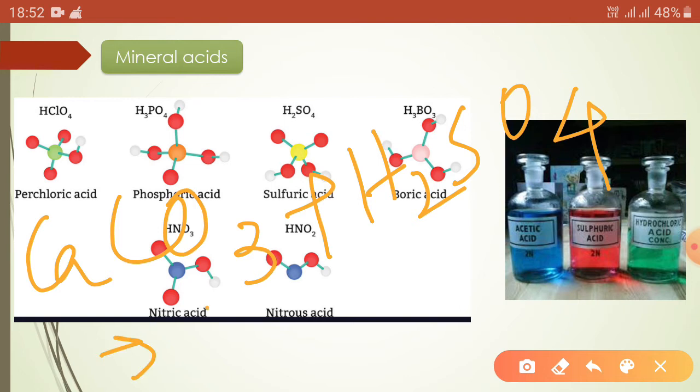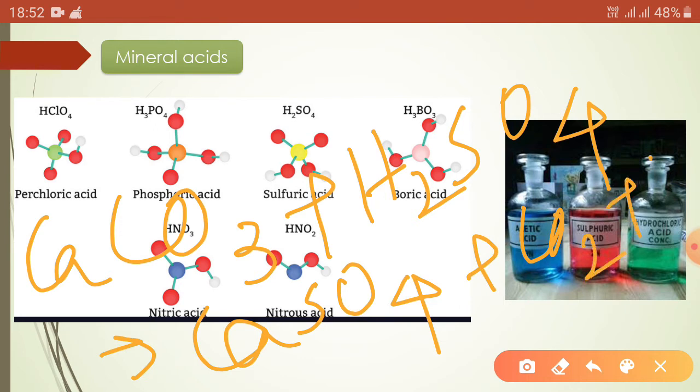It gives us CaSO4 and then CO2 and H2O. Here CaSO4 is calcium sulfate and CO2 is carbon dioxide, and it gives us water.